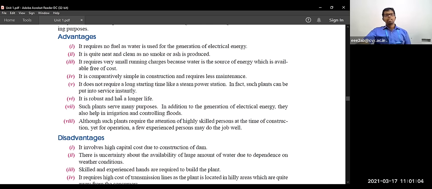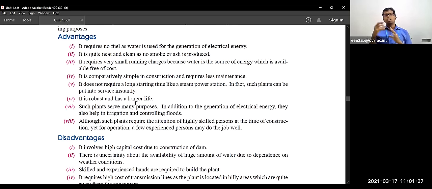So next, it is robust and has longer life. Robust in design and longer life also. Once it is installed, the only thing is that maintenance is needed in turbines, because the turbine is directly in contact with the water.